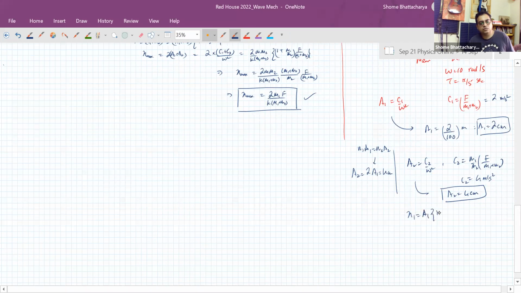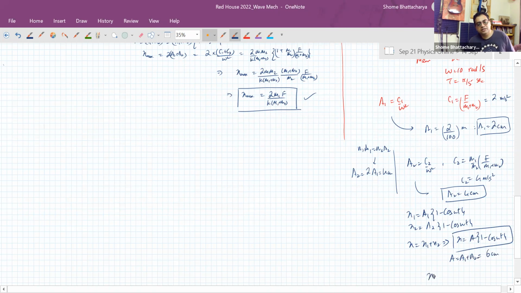And therefore, we would see that x1 as a function of time would be A1 times 1 minus cos omega t, and x2 as a function of time similarly. So x as a function of time would be like this, where the total amplitude is 6 centimeters.